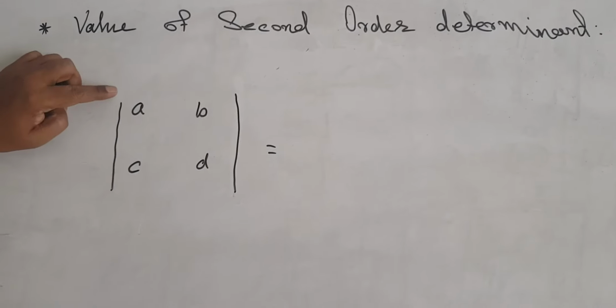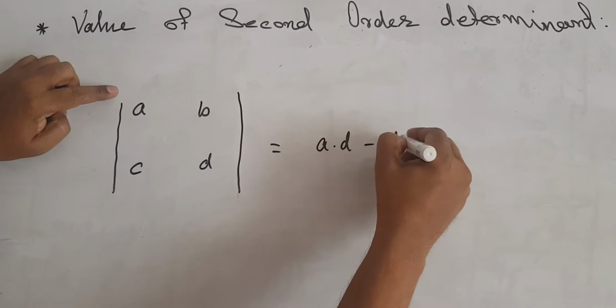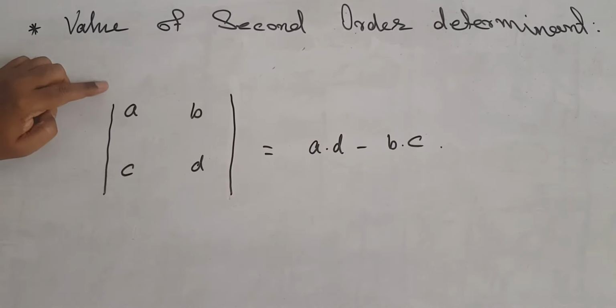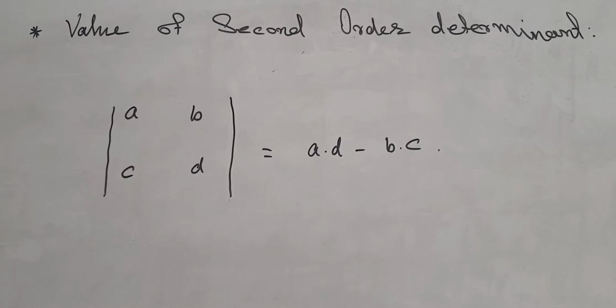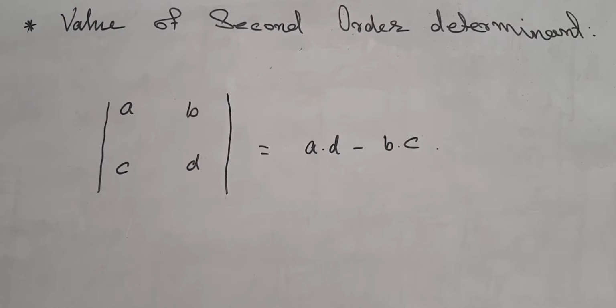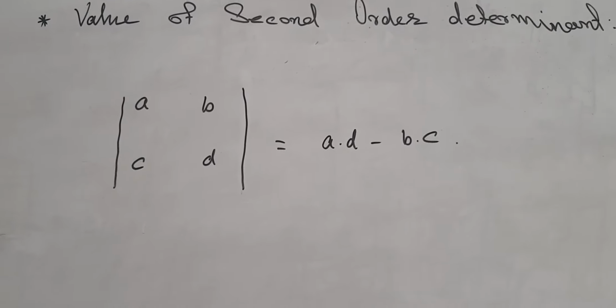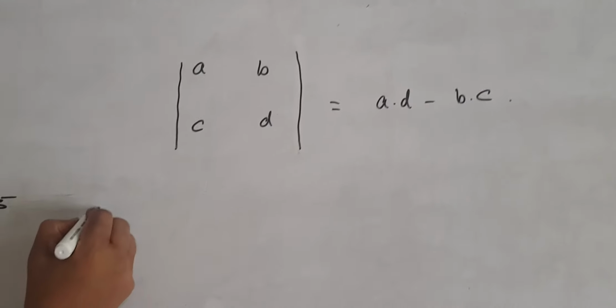You have to start with the principal diagonal: A into D minus B into C, AD minus BC, is the value of a second order determinant, or you can say the determinant of the square matrix 2 by 2.